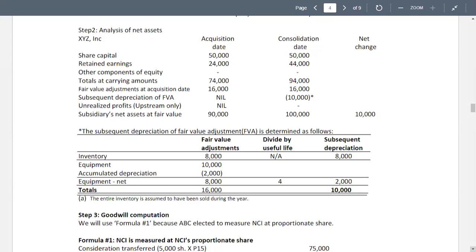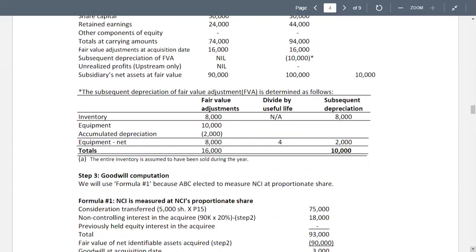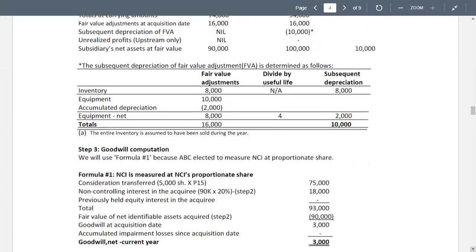Now, in step number 3, we have the goodwill computation using formula number 1 because ABC elected to measure NCI at proportionate share. So we have formula number 1, NCI is measured at NCI's proportionate share.